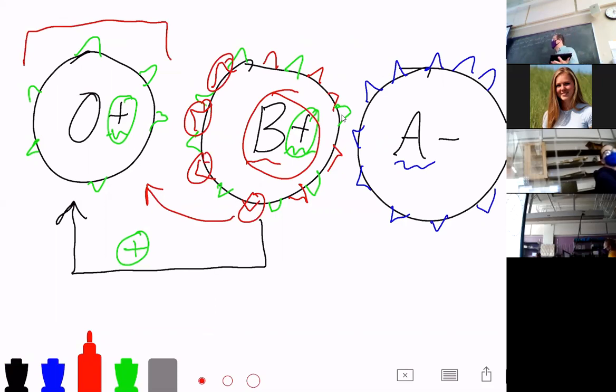It thinks it's some sort of virus or bacteria that's coming to kill the body. Your immune system is super powerful and it's super angry all the time. So if you send in donor blood to a recipient that does not have or recognize that B antigen, that B receptor up there, they'll go into what we call graft versus host disease. And their entire immune system basically nukes their entire body, thinking that they're under some massive infection because you put the wrong blood in them.